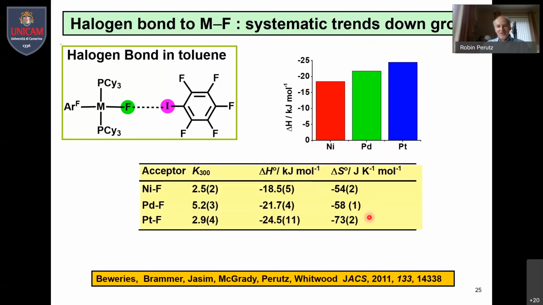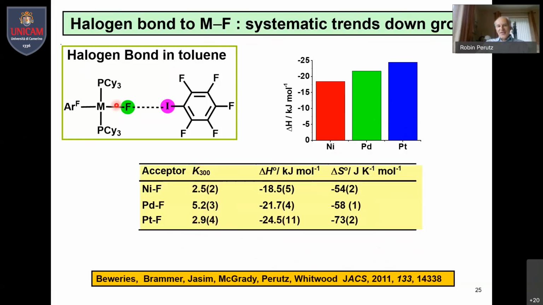If you look at the equilibrium constants at room temperature, it's actually palladium that wins out by a little way over the platinum. So in other words, the one which is the winner depends on the temperature you choose. Remember, we have enthalpy and entropy contributions, so it's inevitable that this varies with temperature. These equilibrium constants are considerably smaller than the ones you saw for the hydrogen bonds.